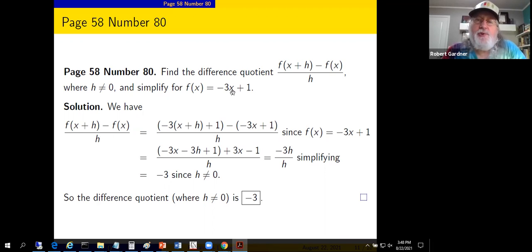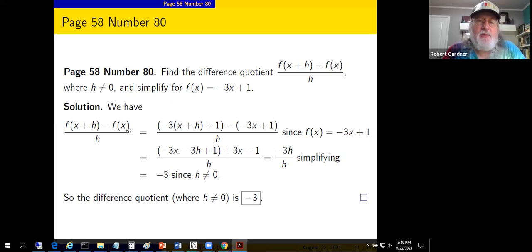You simply go to the definition of the function f. Wherever you see an x, replace it with an x plus h. So for f of x plus h, we'll have negative 3 times x plus h, plus 1. Replace the x with the input, x plus h. Got parentheses around that. There's the f of x plus h part.